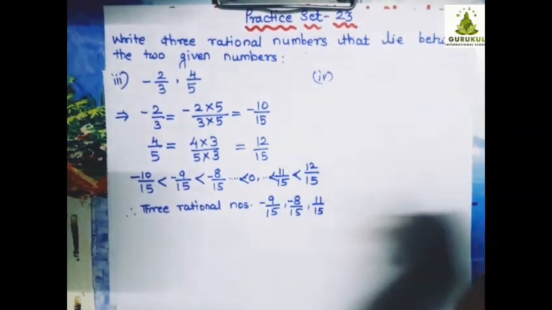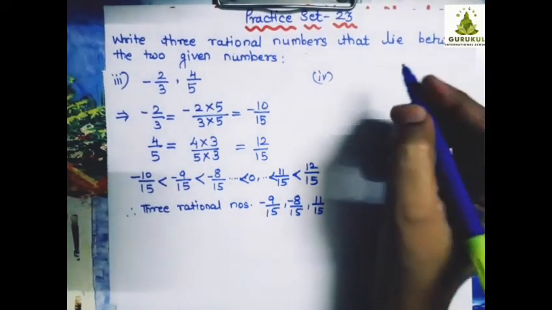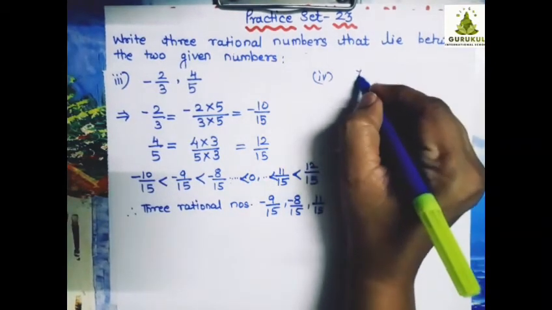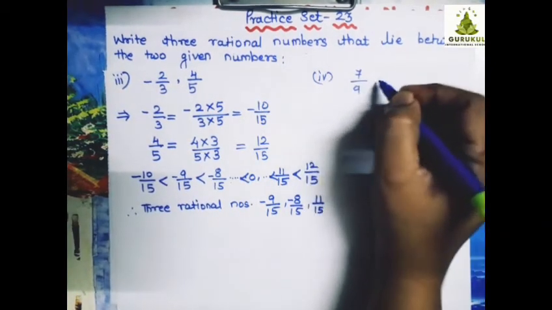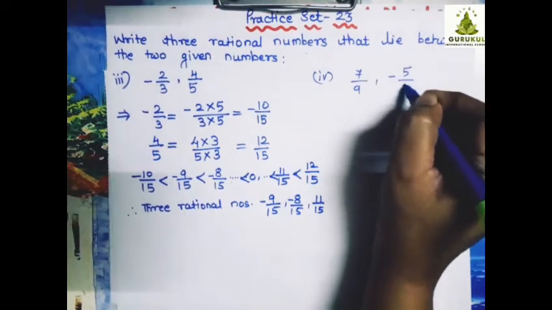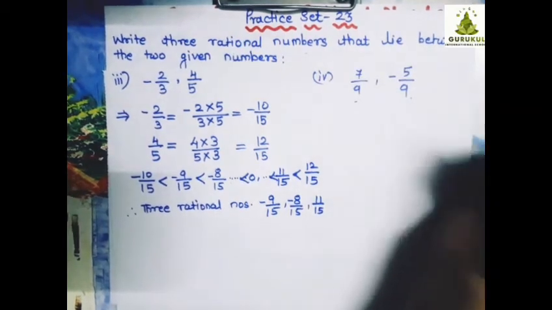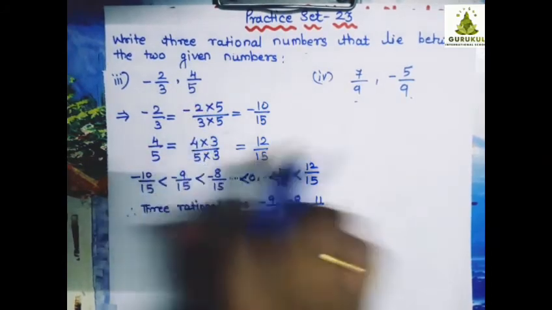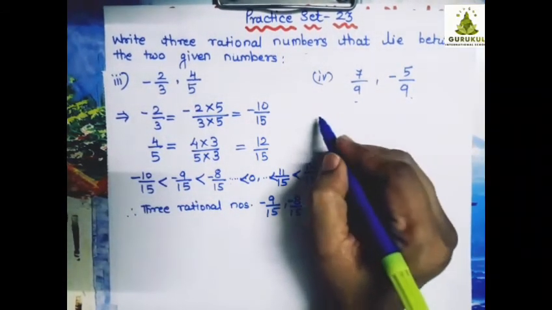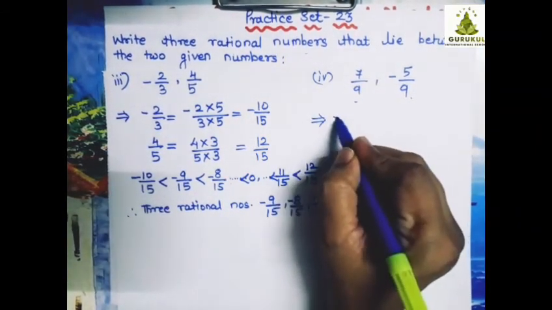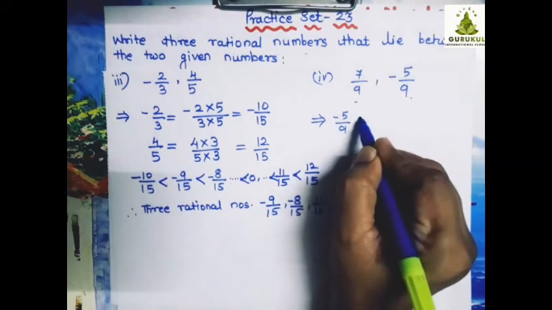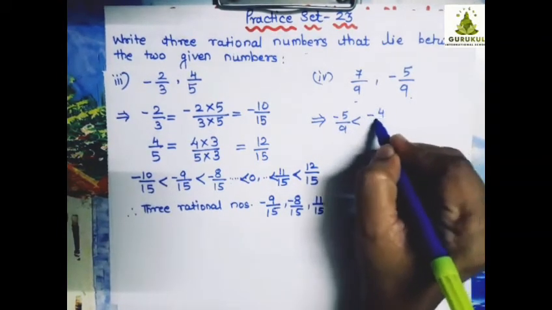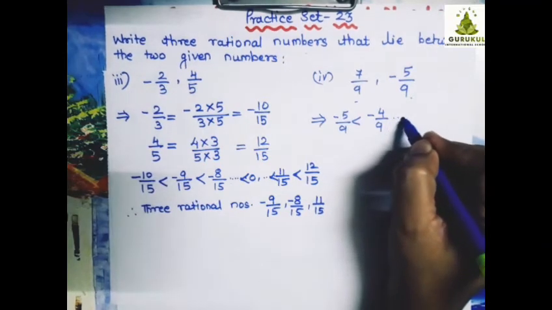Fourth one, let us do. The fourth sum is 7 upon 9 and minus 5 upon 9. Now here in both places the denominator is the same, so no need to do these steps. We can avoid these steps and directly write down minus 5 upon 9 is less than minus 4 upon 9 and so on.